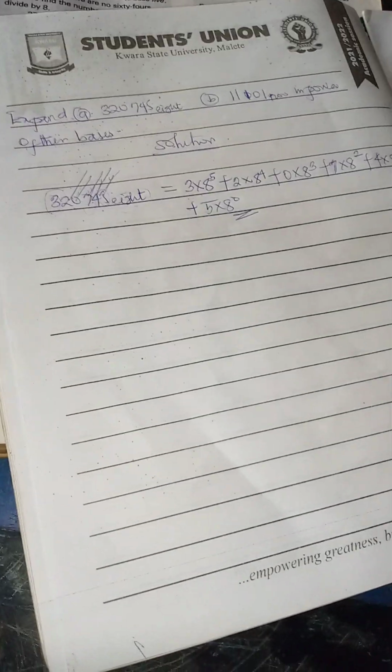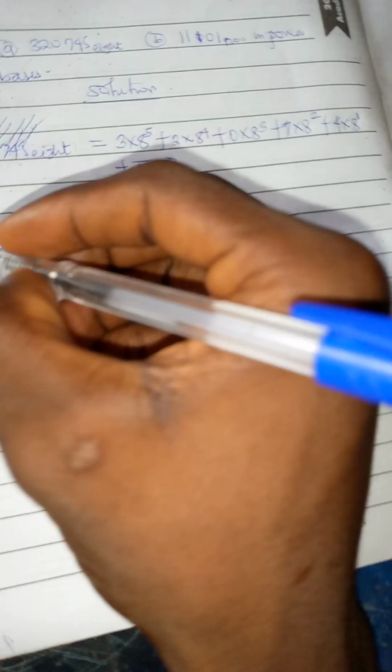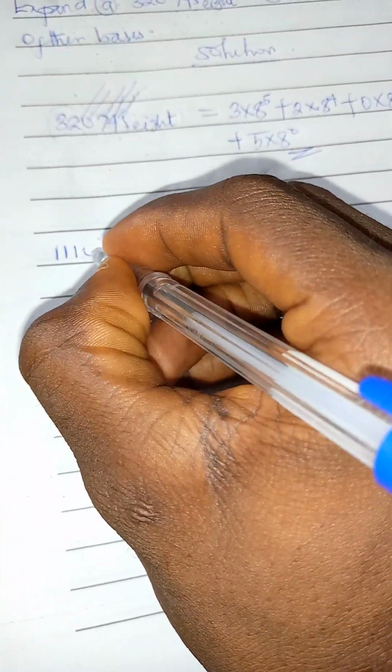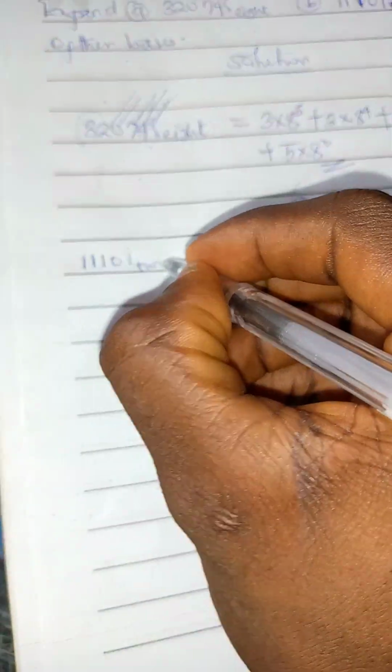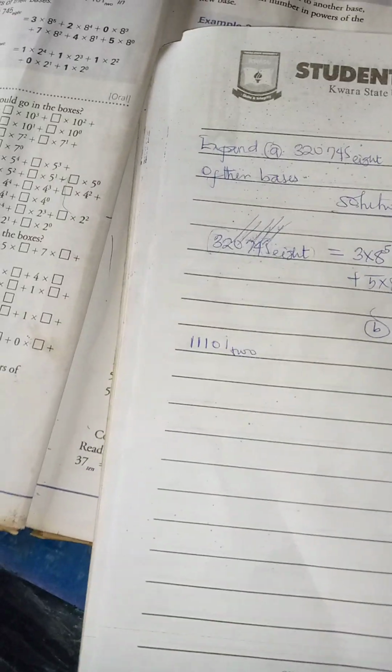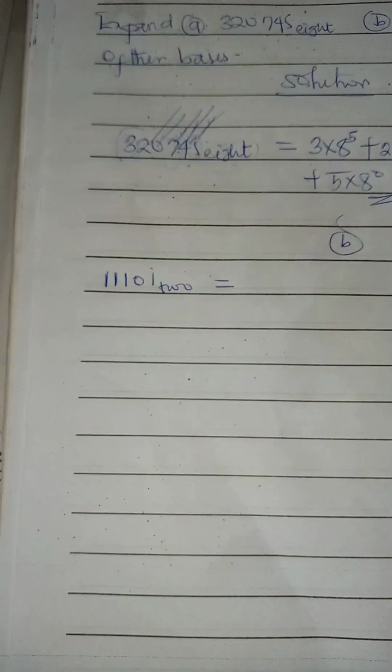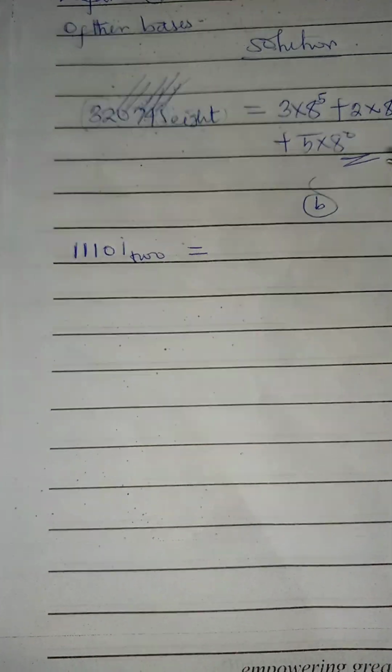Then let's solve the second example. Having 11101 in base 2. They said expand the following in the power of their bases.